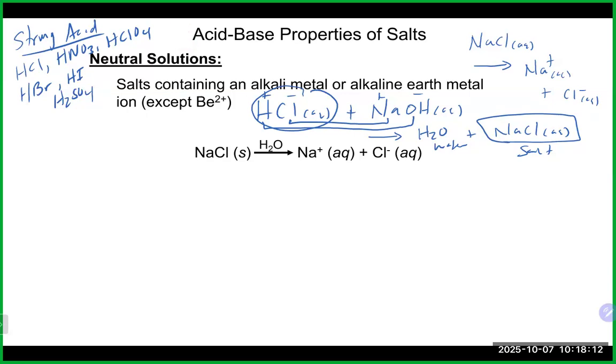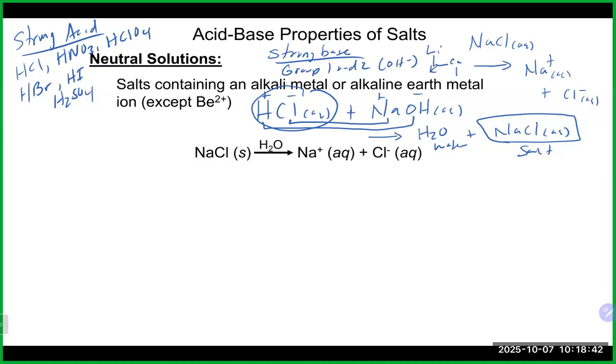And remember that most of our strong bases come from group 1 and 2 on the periodic table and have hydroxide in them, right? So if you go from lithium down to sodium, over to potassium, and then over to calcium and down that way, that's where a lot of our strong bases come from.